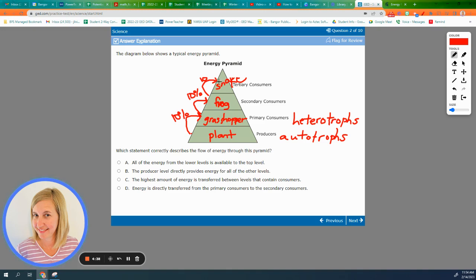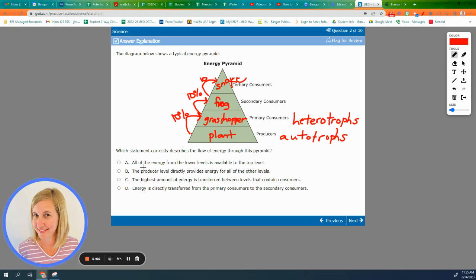And a snake might have to eat 10 frogs over a certain time period, which would be 1,000 plants. So to feed that one snake, ultimately we needed 1,000 plants. That's where the loss of energy comes from. Whereas to get one grasshopper, you only needed originally 10 plants. So, okay, that's a quick summary of the energy pyramid.